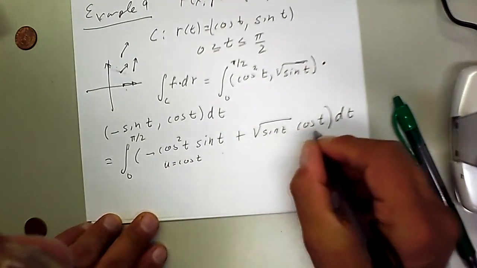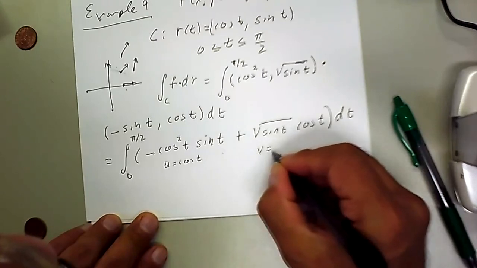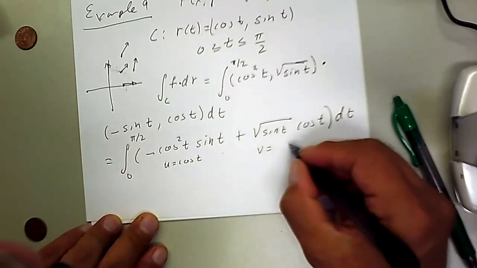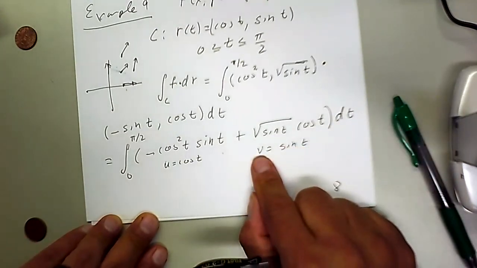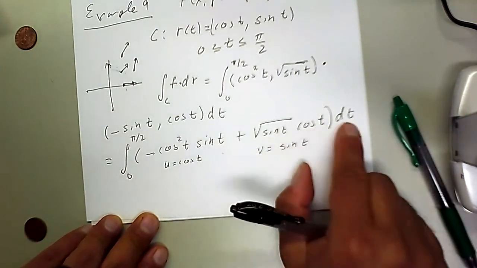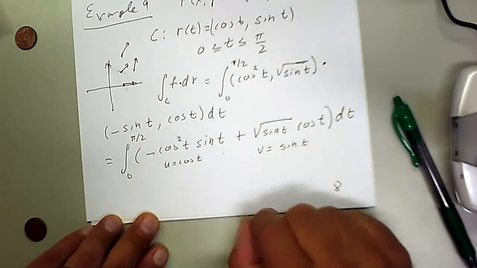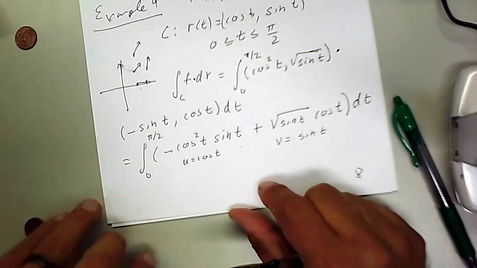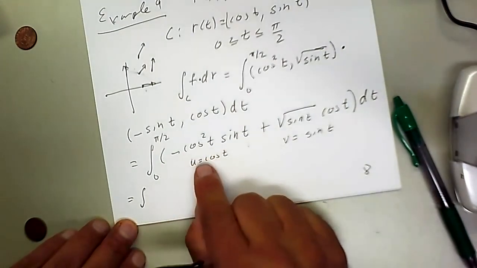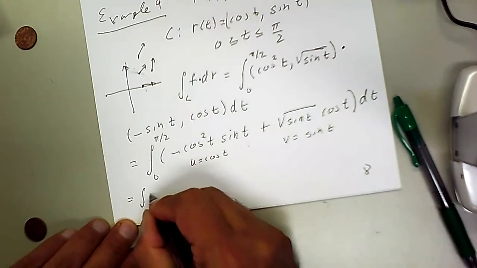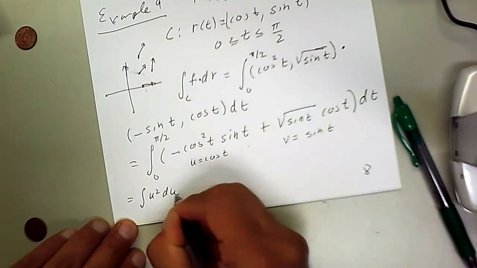Here we're going to do a different kind of substitution, so I'm going to use a different variable. Say v is sine of t, dv is going to be cosine of t dt. So that will work really nicely. So we're going to end up with the integral of u squared du.